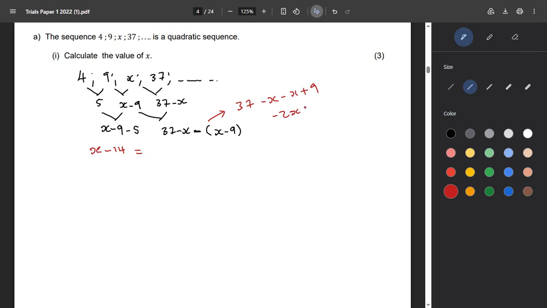What is that equal to? Is that 46 or 44? Let me just quickly verify this. Okay, we said that 37, we add 9, that's 46.